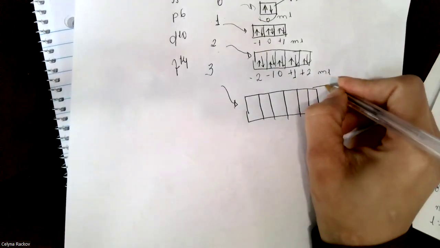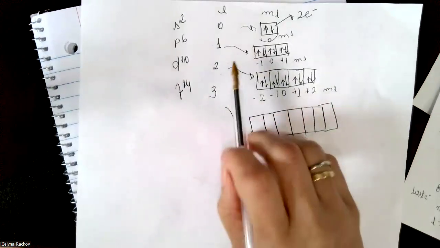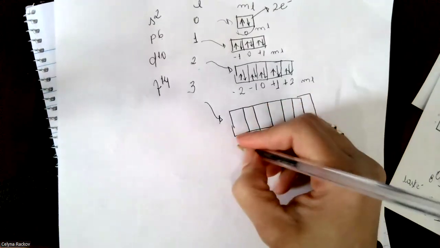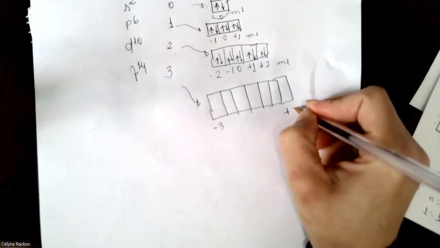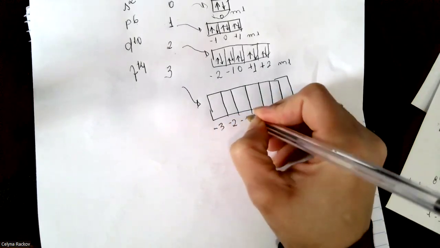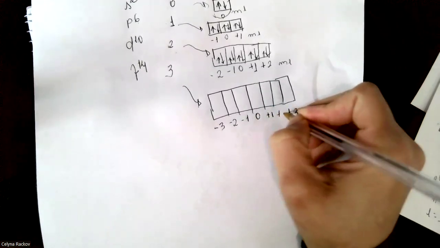And what's going to be the range here? The L for F is 3, right? So we're going to go from -3 to +3. So -3, -2, -1, 0, +1, +2, and +3.